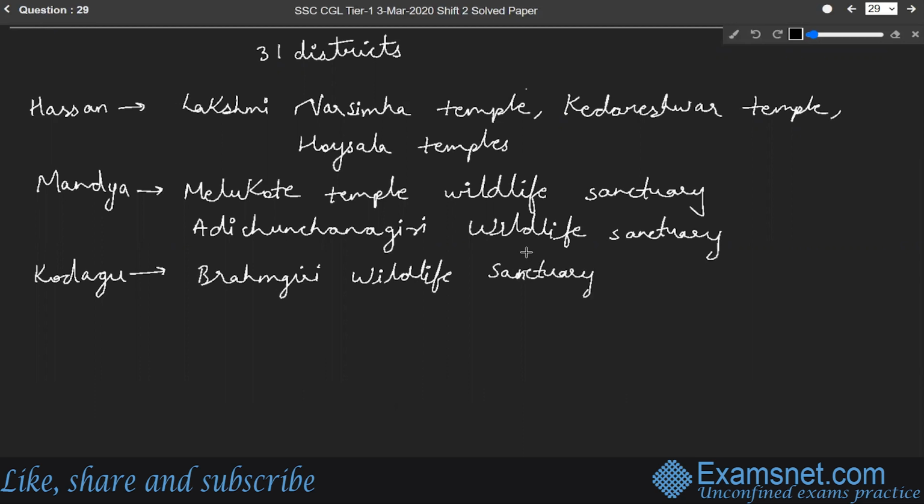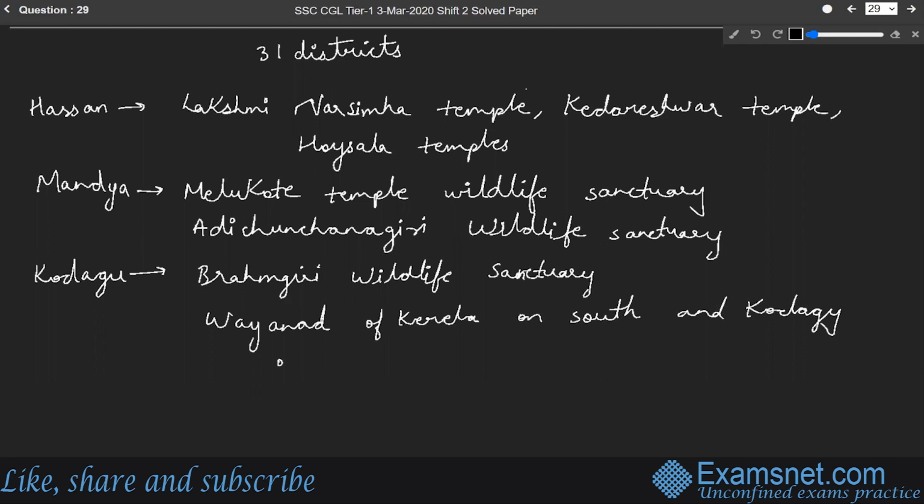Brahmagiri Wildlife Sanctuary is situated on the border between Wayanad of Kerala on the south and Kodagu district of Karnataka in north. So in the district of Kodagu, Brahmagiri Wildlife Sanctuary is located. Also, it is a part of Western Ghats.